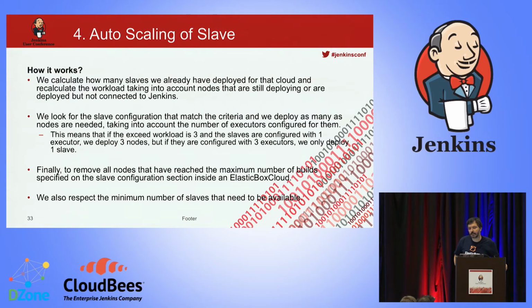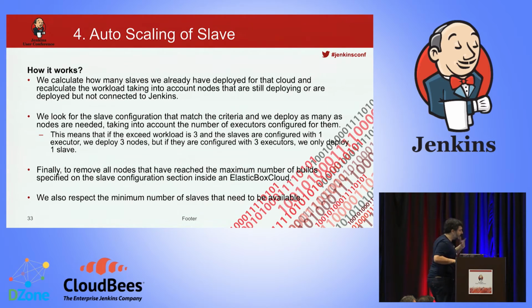So how do we deal with this? We have intelligent algorithms constantly monitoring the number of executors that you need, the number of executors that you are using, how many instances you have already deployed, how many Jenkins slaves you have ready to work, and how many of them are occupied. Then we deal with two limits. One is the bottom limit, where we specify the minimum number of instances that you want to be available always, and then you can specify the upper limit, which is what you don't want to go over.